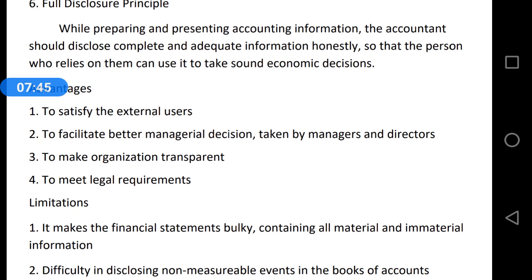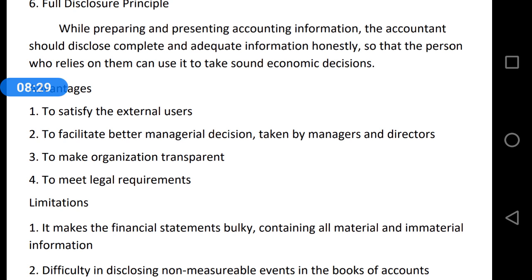Here, full disclosure principle says that you should disclose each and every transaction of the business through financial statements, but it makes the financial statements bulky or lengthy, which contains all material and immaterial information. Whether the information is important or not, it is the duty of the accountant to disclose each and every information. So it makes the financial statements bulky.